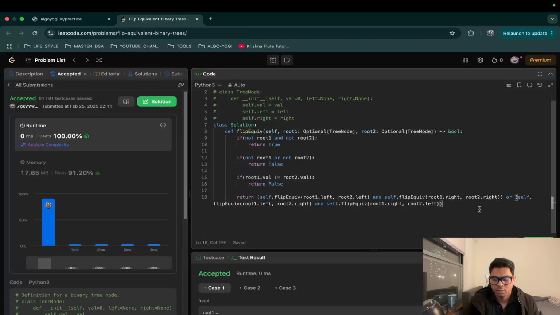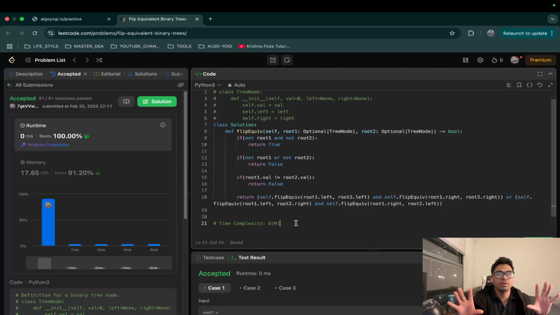All right, so let's write the time complexity, which is big O of n. Best case or worst case, we're comparing all n nodes to the other tree's n nodes, and we're traversing both trees together.